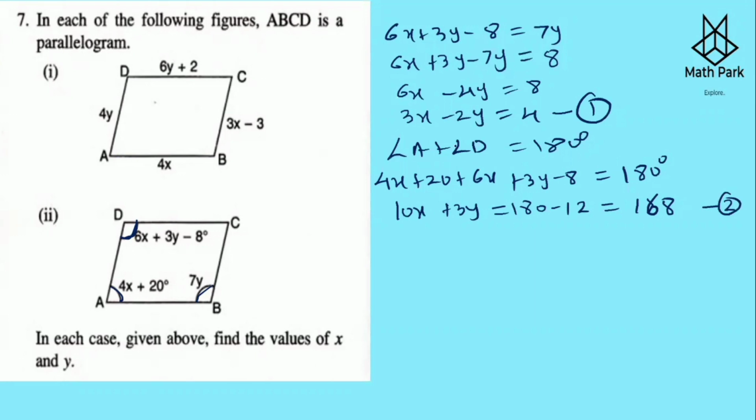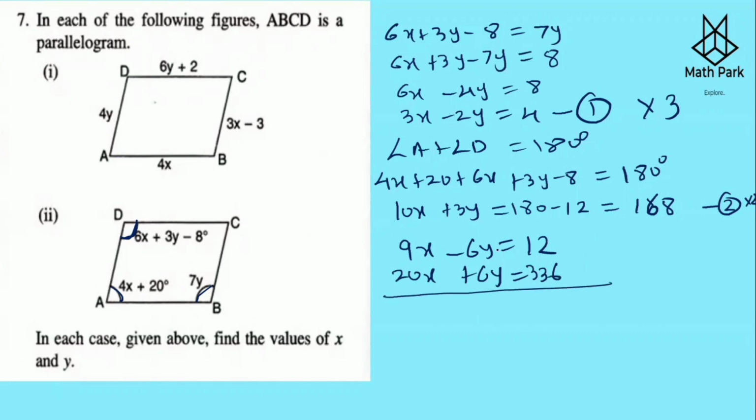Now we need to solve these two equations. So 10x is here and here it is 3x. This is minus 2 and this is 3y. So we will be multiplying this equation by 3 and we'll multiply this equation by 2. So multiplying equation 1 by 3, 3 3s are 9x, 3 times 2 is minus 6y is equal to 4 times 3 is 12. 2 times 10 is 20x, 2 times 3 is plus 6y is equal to 168 times 2 is 336.